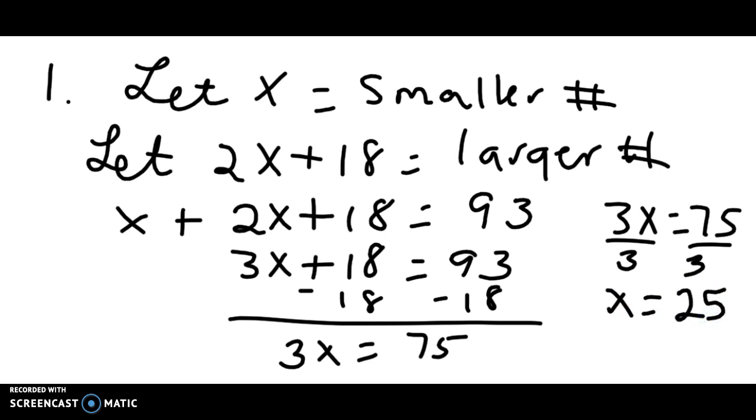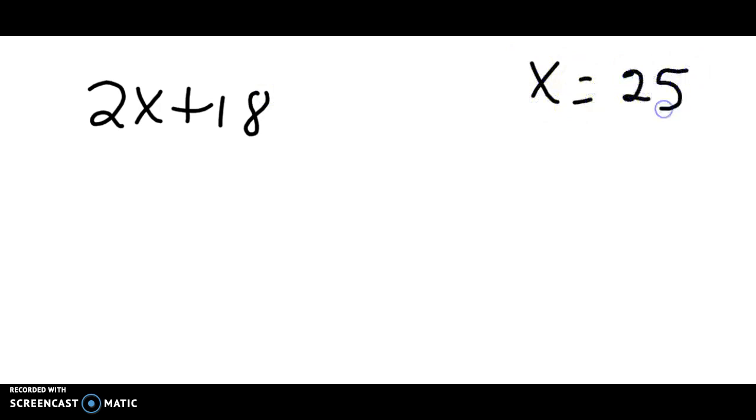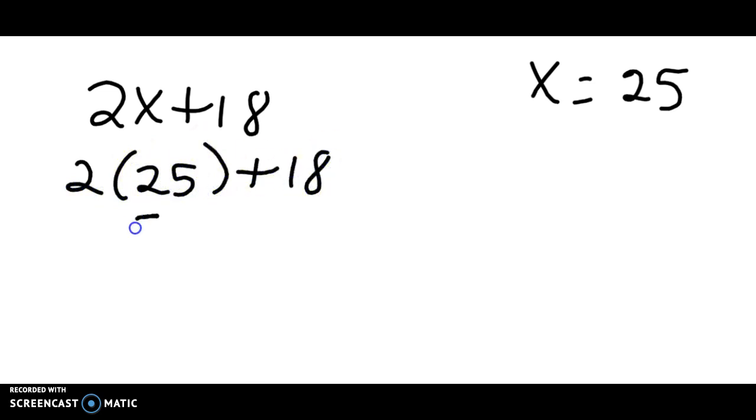So now to find my other number, remember 2x plus 18 is your larger number, and I already have x equals 25. So now I'm going to substitute 25 in for x to see what my larger number is. So that's 50 plus 18.